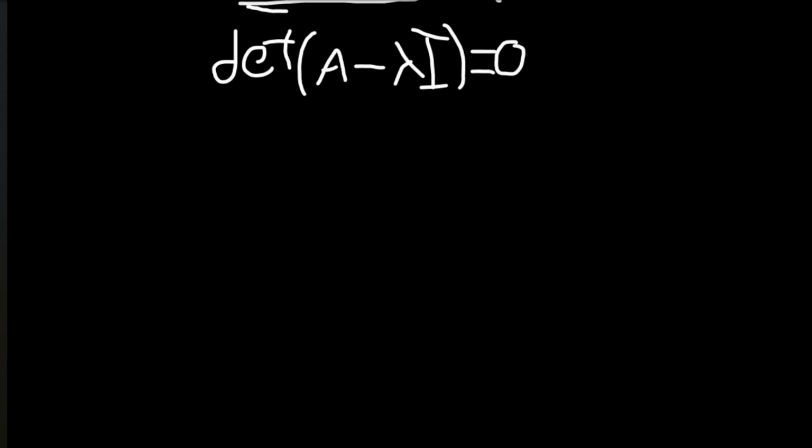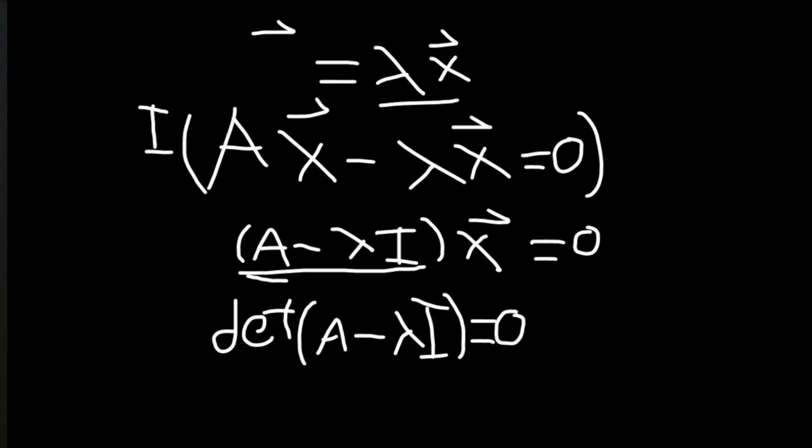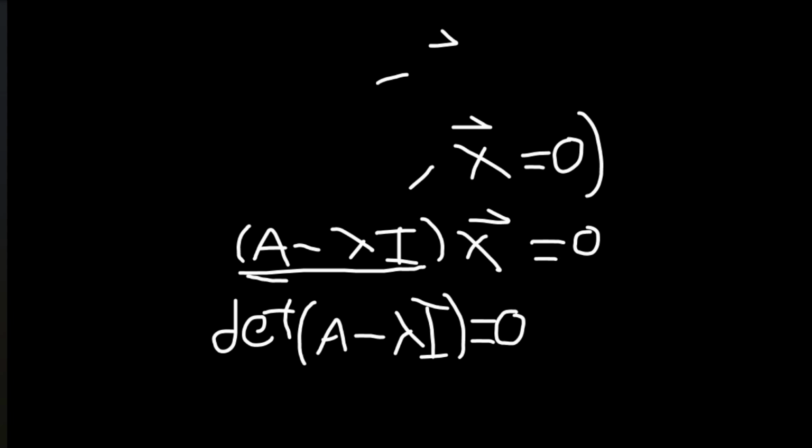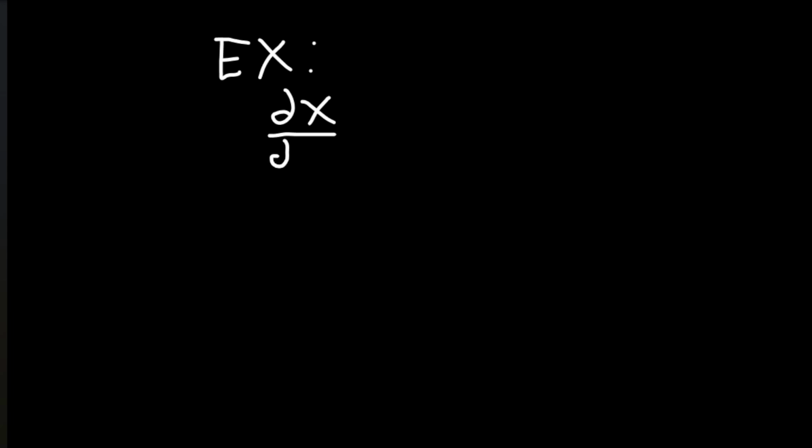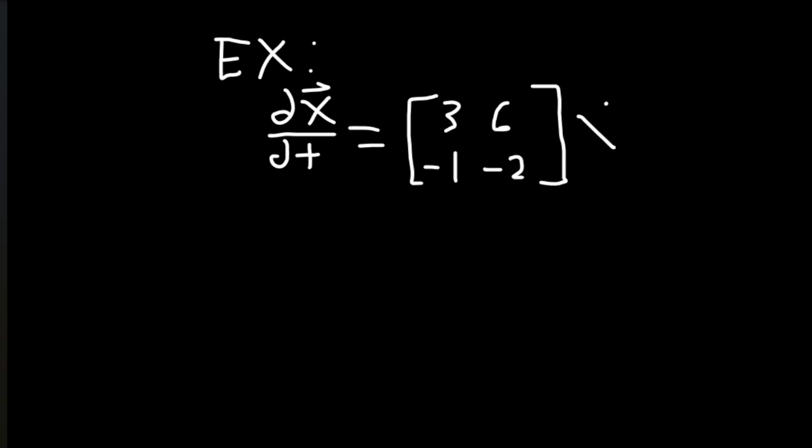So let's do an example. We're going to say that we have dx/dt is equal to 3, 6, -1, -2 times x.